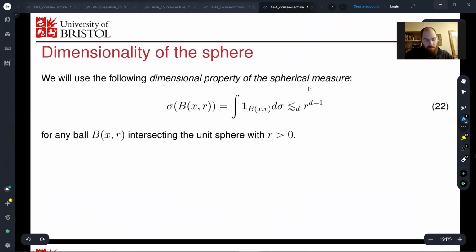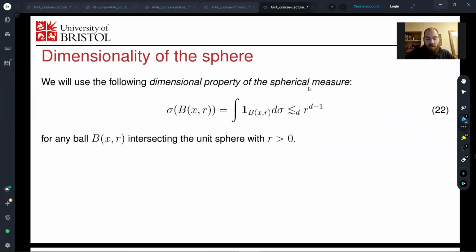So what do I mean? We have the following property for the spherical measure. If you give me any ball in R^d of radius r, centered at any point x, then you actually have the following bound for the volume for the spherical measure of that ball. And it's bounded by the radius to the d minus 1.